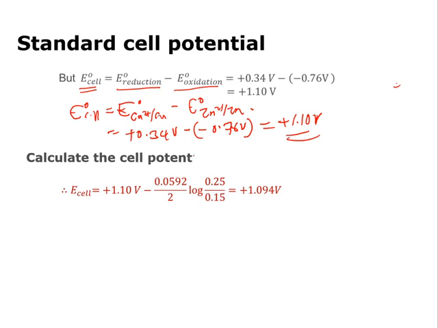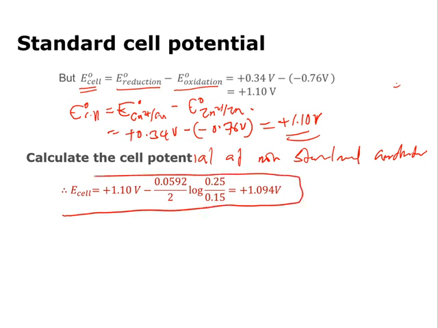Now let's calculate the cell potential at non-standard condition. And by now we know that that can only be brought to reality by using the Nernst equation, which is this.